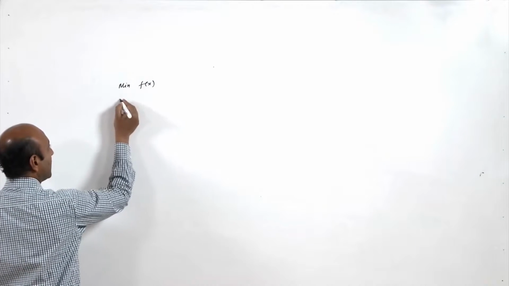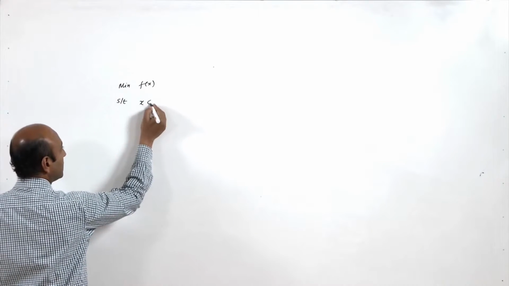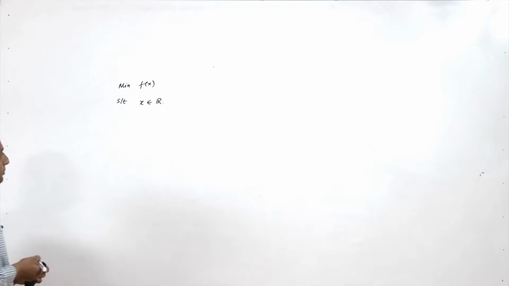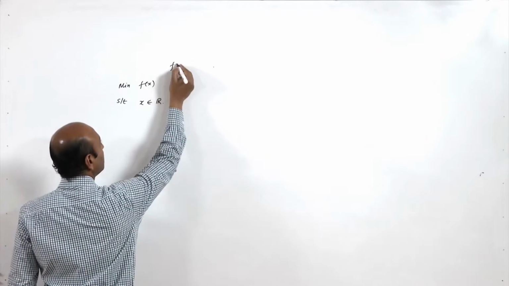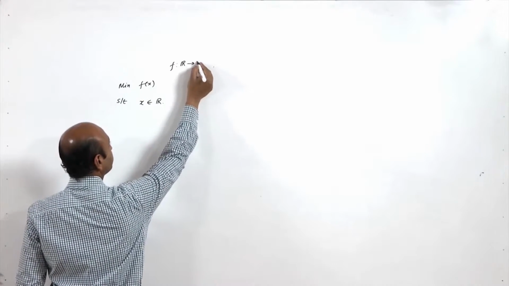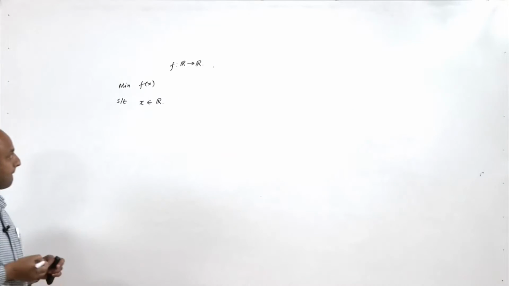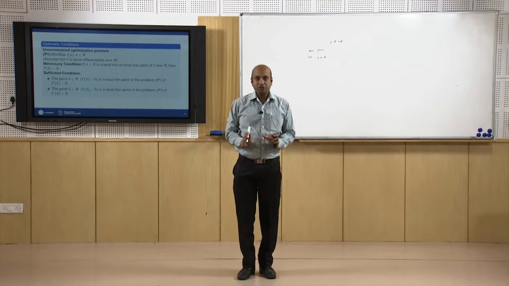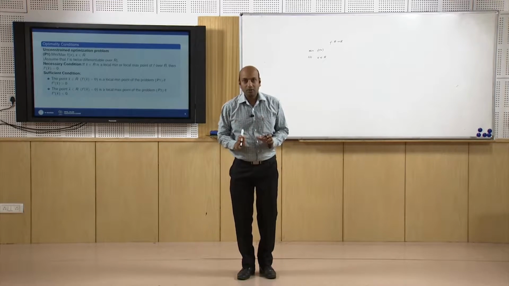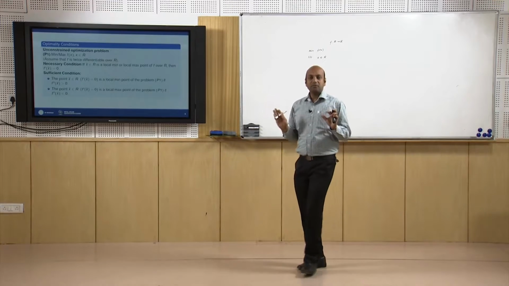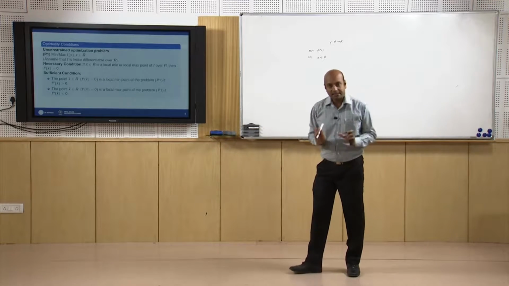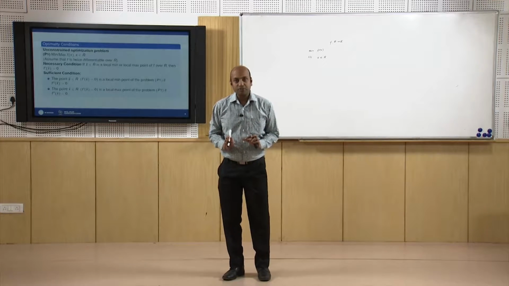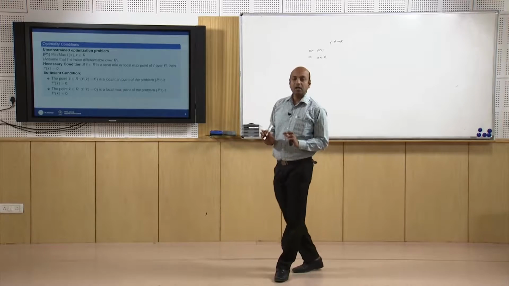Minimizing f(x) subject to x belongs to Rn or R. We are first taking a function from R to R. If we are optimizing, meaning maximizing or minimizing, a function without any constraint, then we call such problems unconstrained optimization problems.